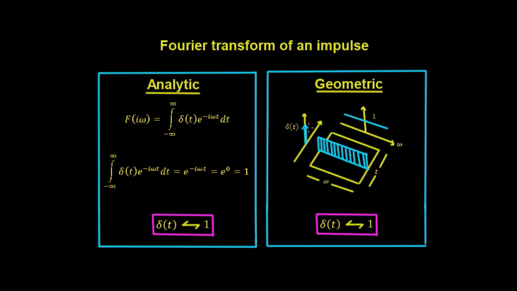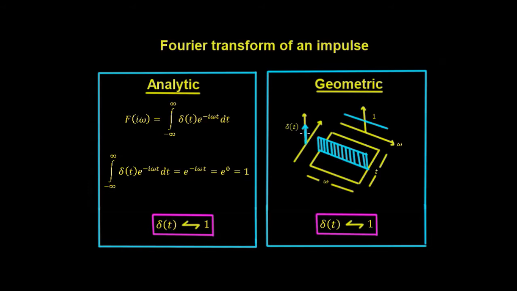Now, in order to go from here across to here, what we did was the Fourier transform, we integrated it and multiplied by e to the minus i omega t. Now we know that e to the minus i omega t is actually equal to cos omega t minus i sin omega t. But as we said before, this function here is a purely even function.